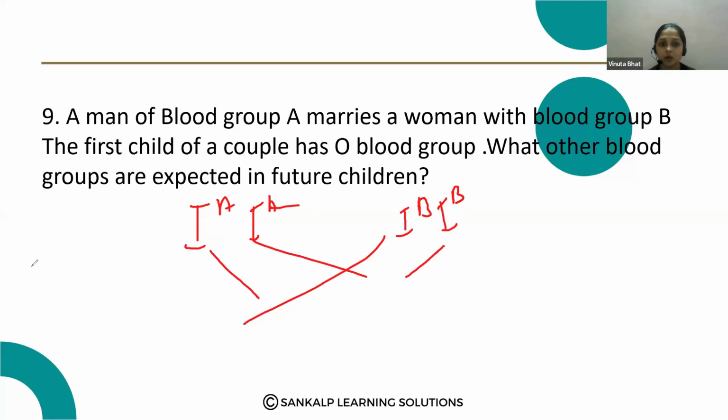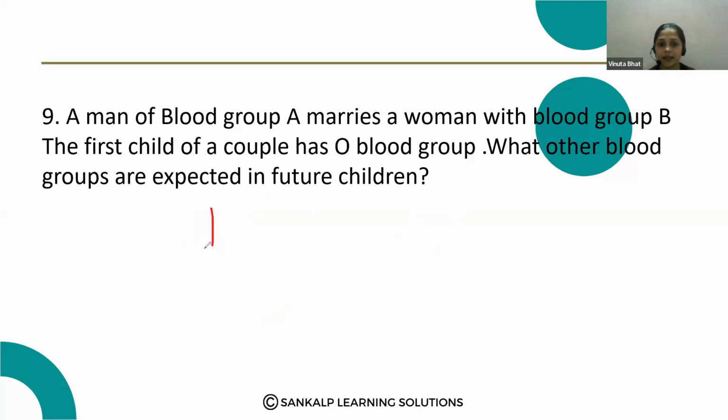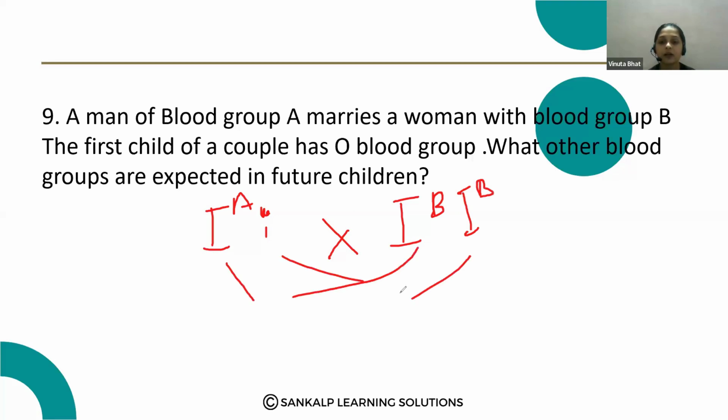So I will take heterozygous A and homozygous B. In this condition also, there is no chance of the formation of the O blood group. O blood group should have the small i, but here IB will be there, so B blood group will be there.